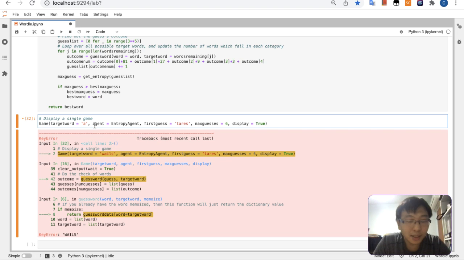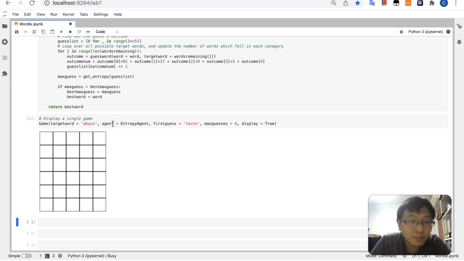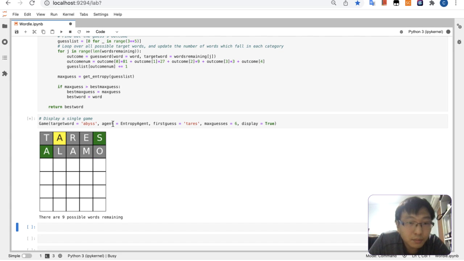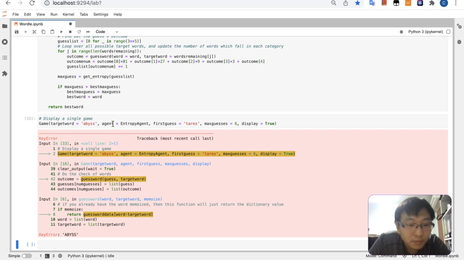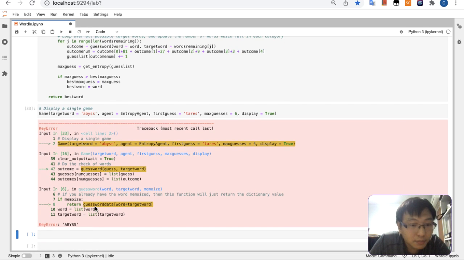I mean, if let's say I do abyss, yes. So the key error is word plus target word, right?